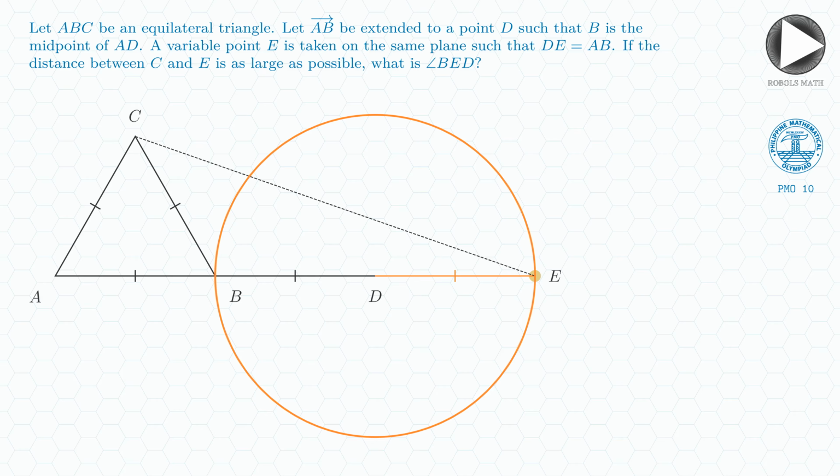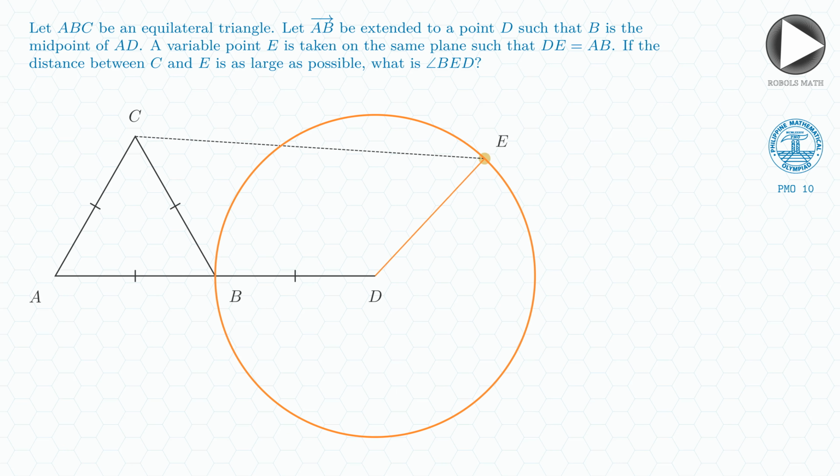Hence, any point in this orange circle could possibly be point E. If we move point E around this circle, we'll notice that the farthest distance between C and E happens when E lies on the line connecting points C and D. Thus, this is where we'll put point E. Again, point E must be on this extension of line CD.